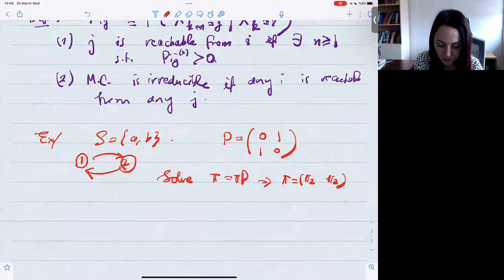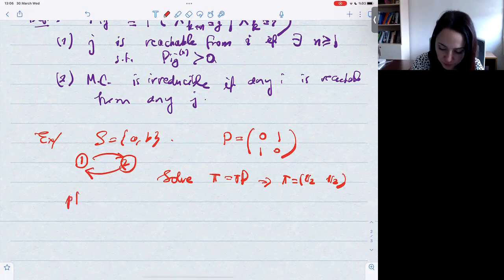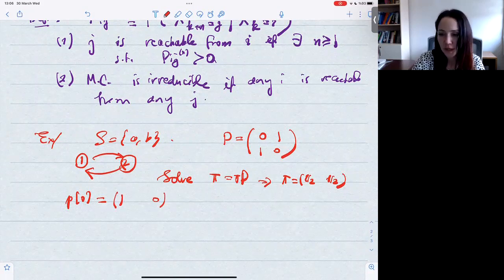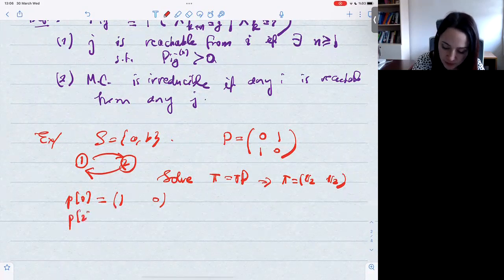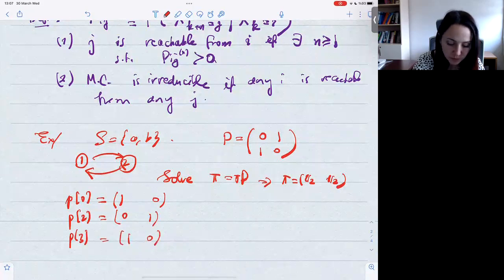Then for example, if the original vector of probabilities is 1, 0, meaning we start in state 1 with probability 1, then next time we know that we are in state 2, and at time 3 we know that we are back in state 1.